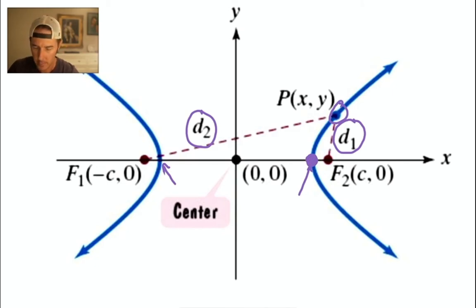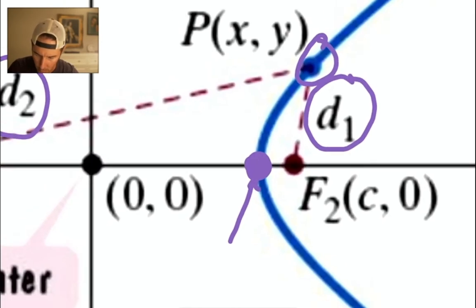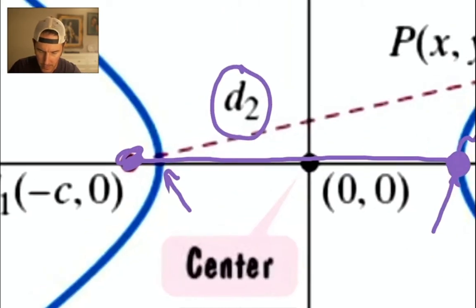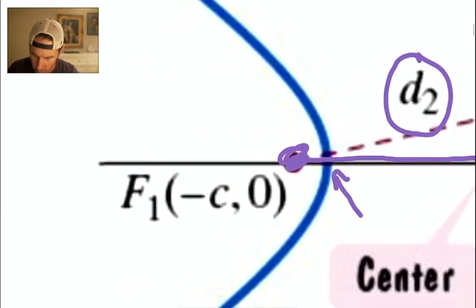Then d1 would be this distance right here. d2 would go from focus 1 all the way over here to that vertex. So that distance d2 would actually include this little distance from the focus to the vertex, this one.